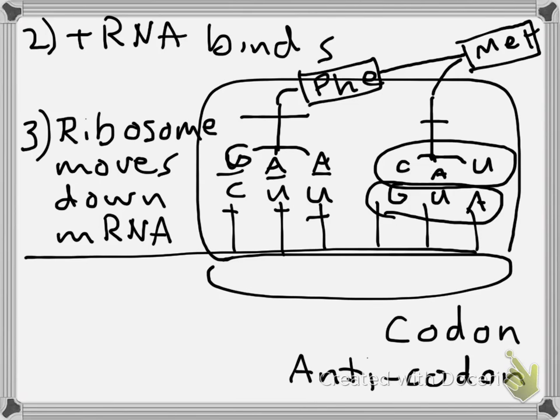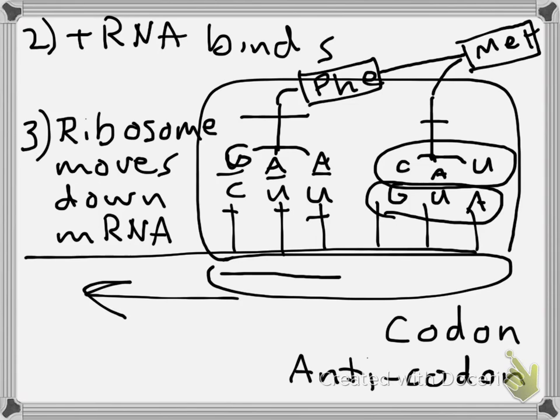The ribosome moves down the mRNA. It would move that way in this drawing. It moves in sets of 3 bases. In other words, one codon each time it moves, because the ribosome reads mRNA in 3-letter words, 3-letter chunks all at once.